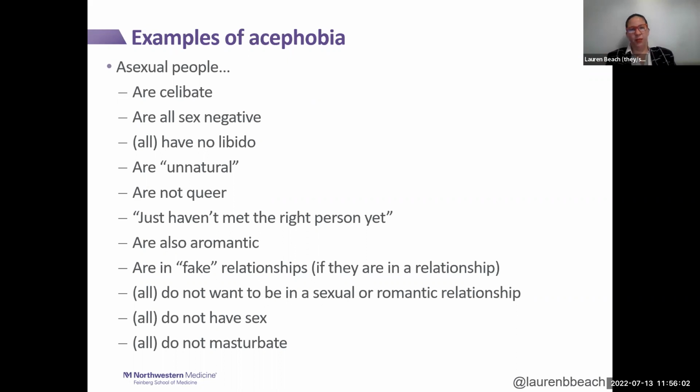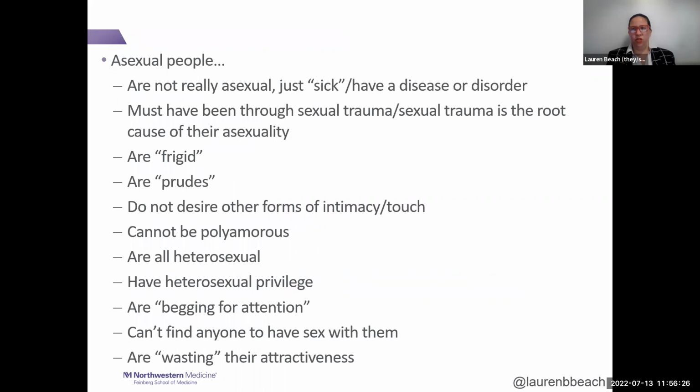There's this idea that people who are asexual are all in fake relationships. Again, that also ties to assumptions about whether or not asexual people would be engaging in sexual behavior, which, as we saw in that Venn diagram, many do. There's this idea that all ace people would not want to be in a sexual or romantic relationship, that they all don't have sex, and that they all don't masturbate, that there's just no sexual behavior of any kind that would go on with asexual people.